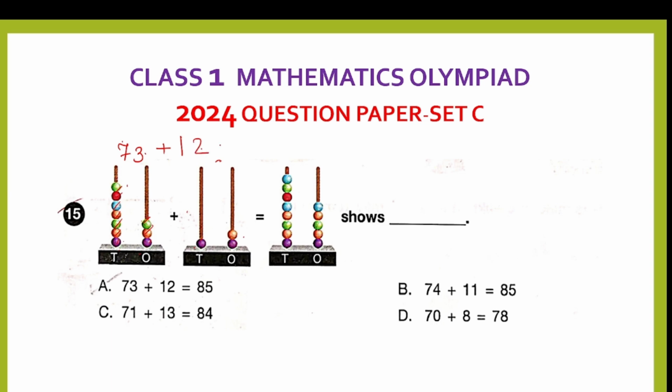That is 73 plus 12. Let's count the beads in the result: 1, 2, 3, 4, 5, 6, 7, 8. So there are 8 beads at the tens place, and at the ones place there are 1, 2, 3, 4, 5 beads. That is 85. So this addition is in option A. 73 plus 12 is equal to 85. So this is the correct answer.